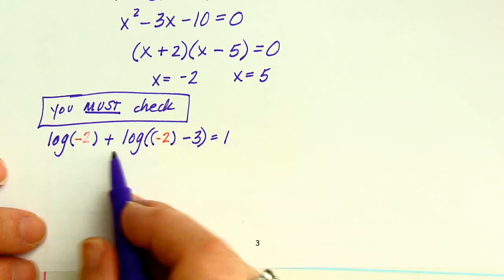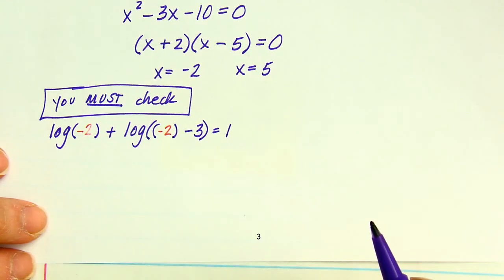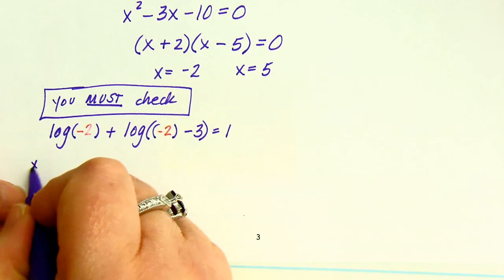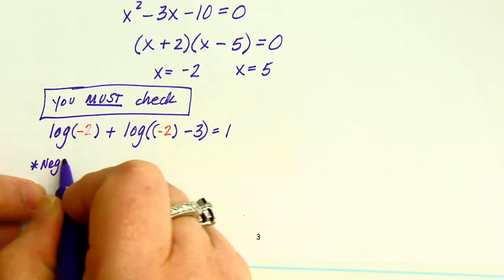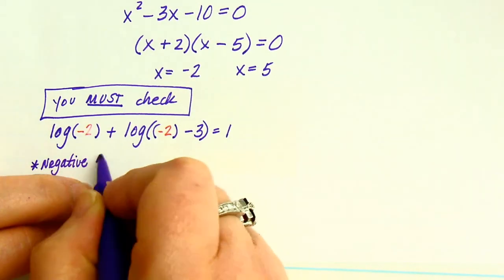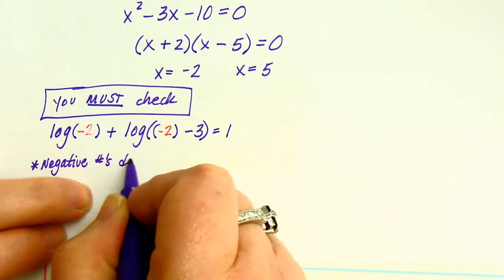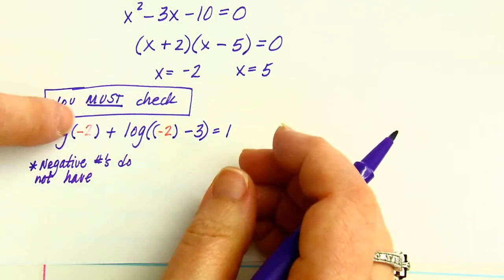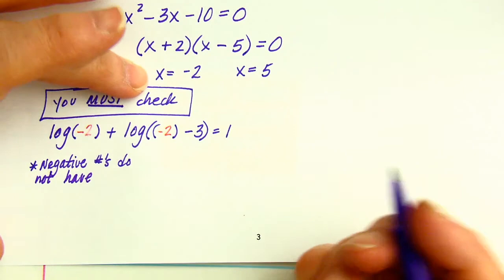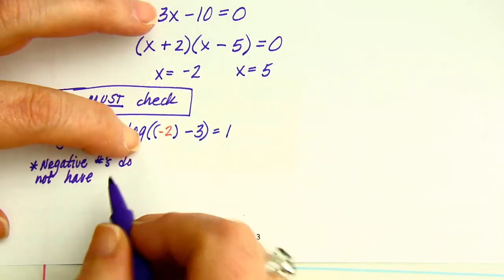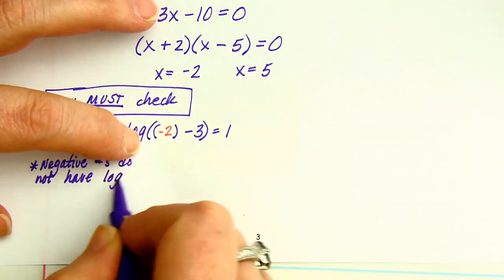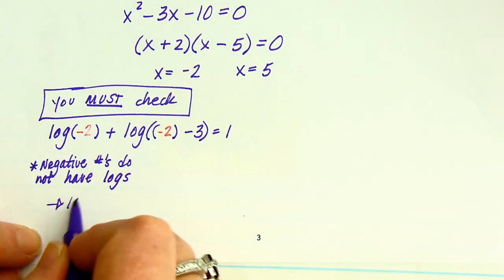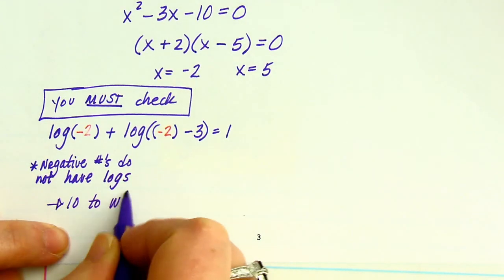Folks, 10 to what power gives me negative 2? It's never going to happen. Okay? Negative numbers do not have logarithms. So if you end up with something negative here, it's not possible. Negative numbers do not have logarithms or logs.